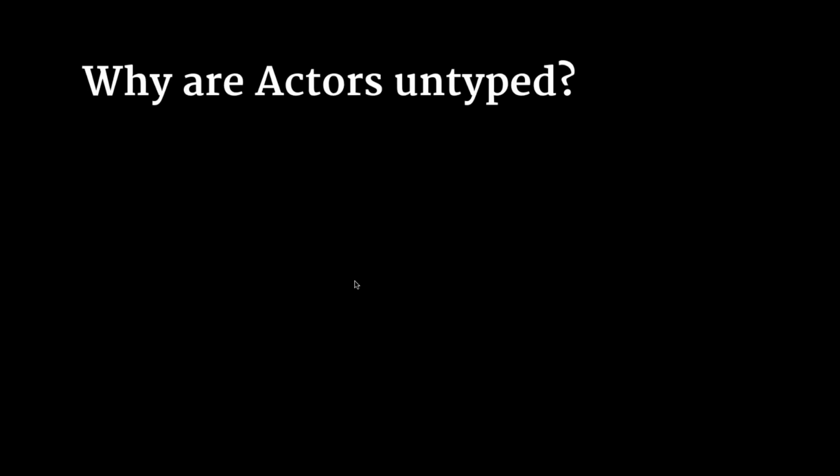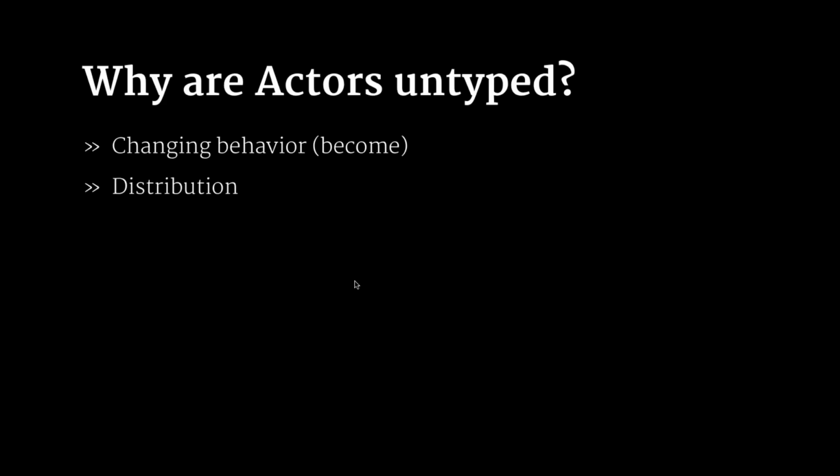Now, there are a few very important historic reasons why actors are untyped in the message passing process. Changing behavior or using contexts such as become might be challenging. So this was one of the reasons why the default implementation of actors is untyped, but also distribution.